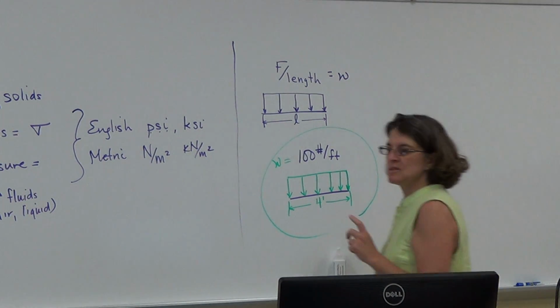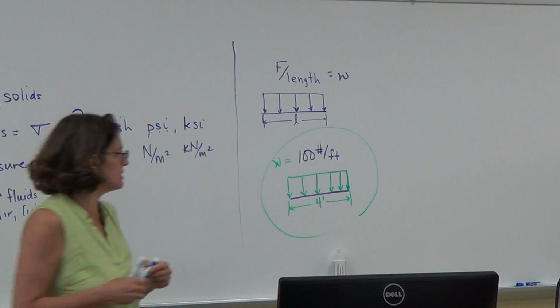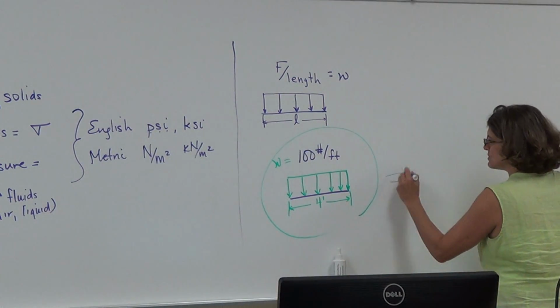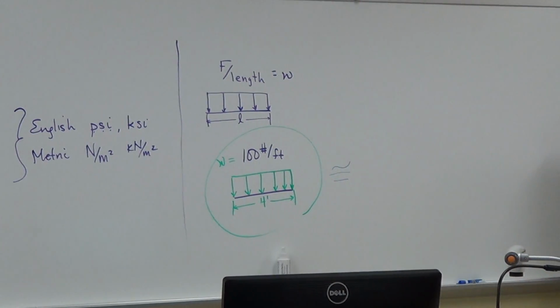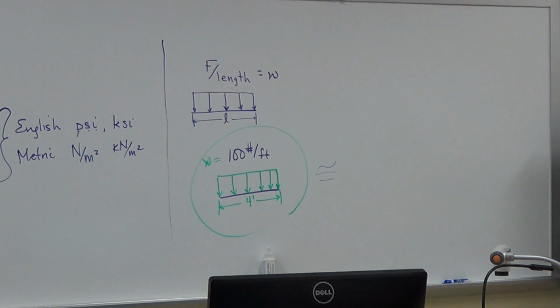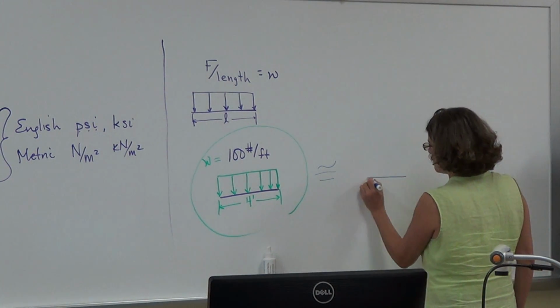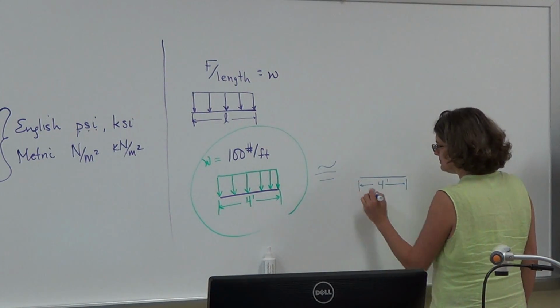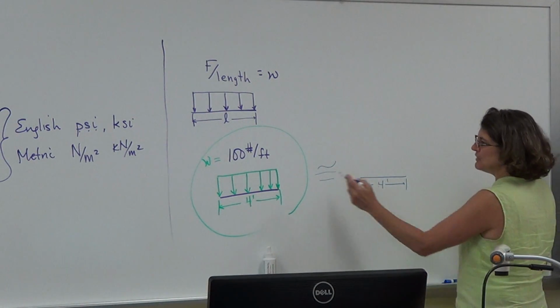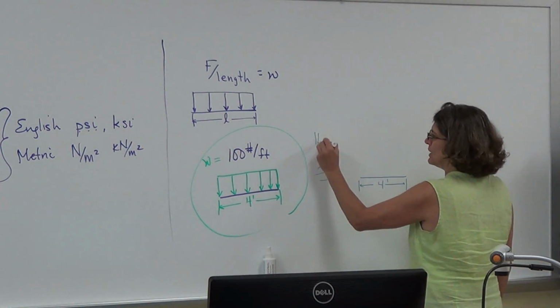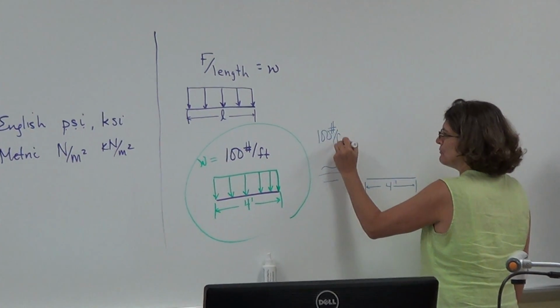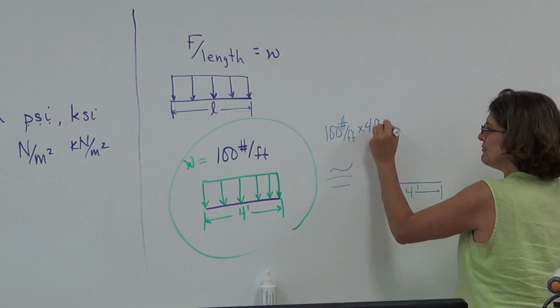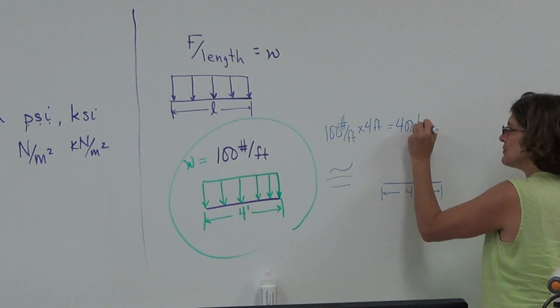So if we think of this as an equivalent system, remember equivalent systems? Equivalent systems are another load diagram that shows the body experiencing the same thing, but it's simplified. So let's say in this case I have a 4-foot beam. And what can I do? I could take this, and it's 100 pounds per foot times 4 feet, and it comes out to be 400 pounds.